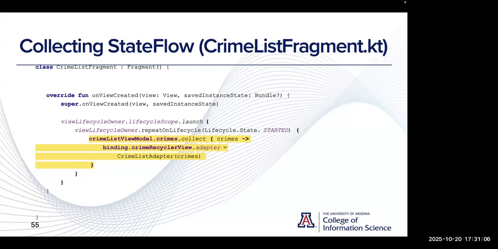So in here, we have the list fragment, and in the viewLifecycleOwner, we go to lifecycleScope.launch, and then from here we call the collector, so .collect.